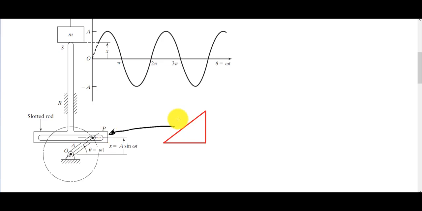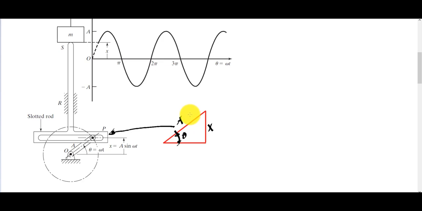We have your bar A, from point O to point P, and here your corresponding theta. We have the displacement, which is your x. To get the value of x, this is the opposite and this is the hypotenuse, so we use the trigonometric function.